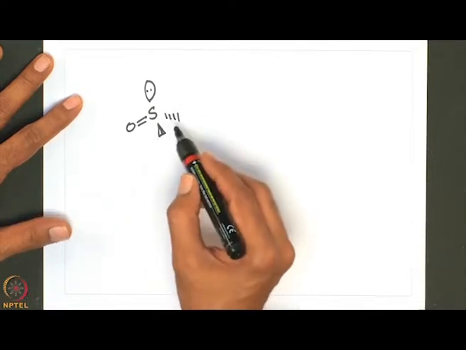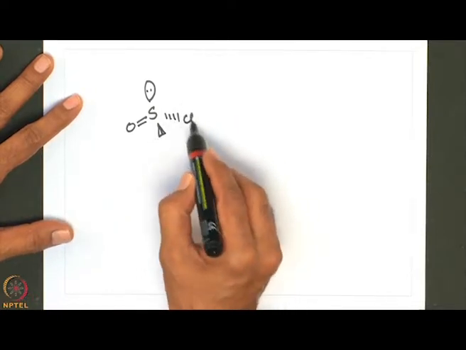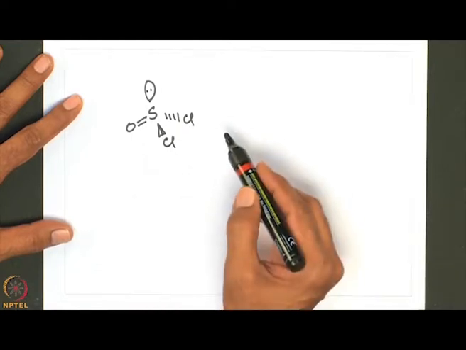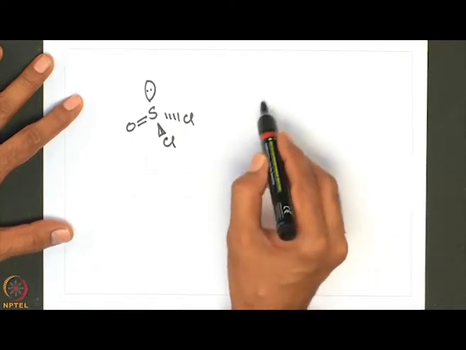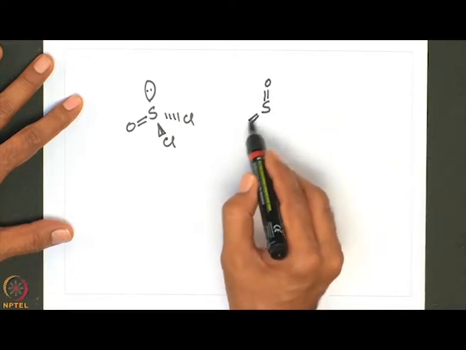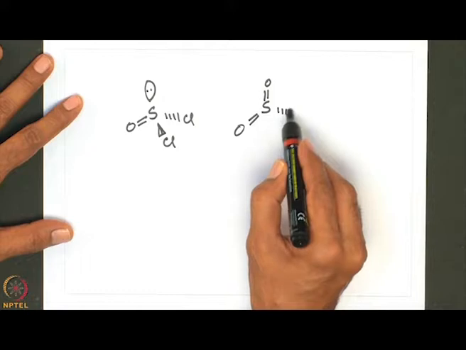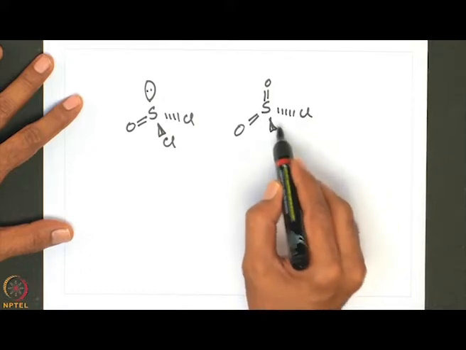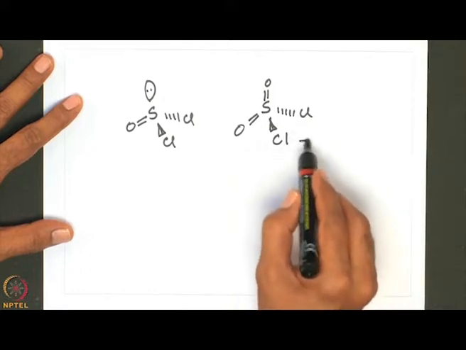So, SOCl2 has a pyramidal, trigonal pyramidal structure, whereas SO2Cl2 has a tetrahedral structure. Okay.